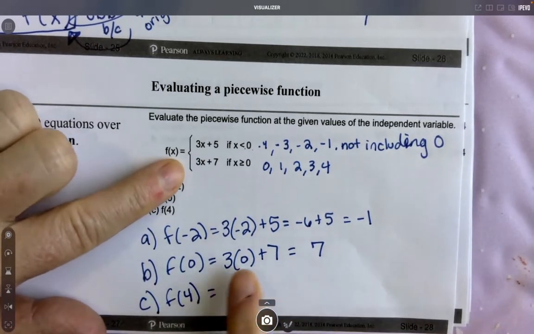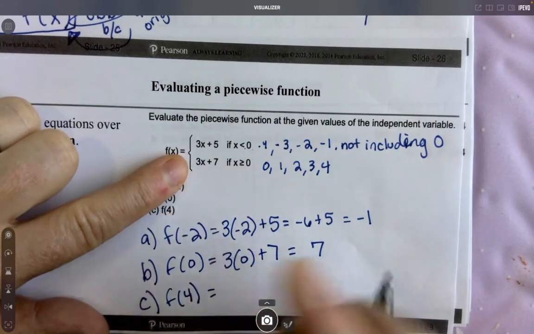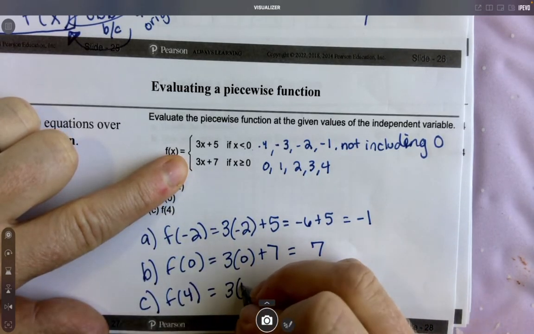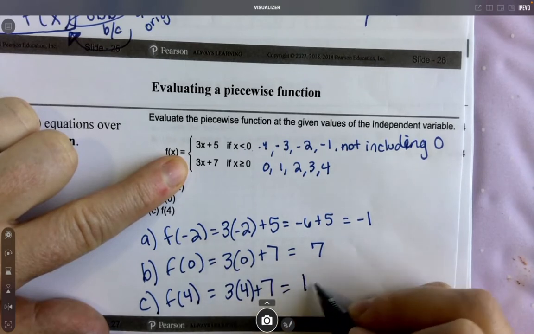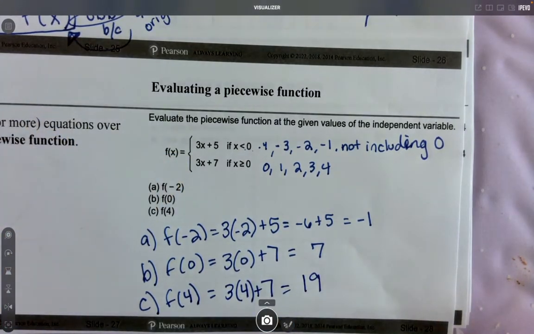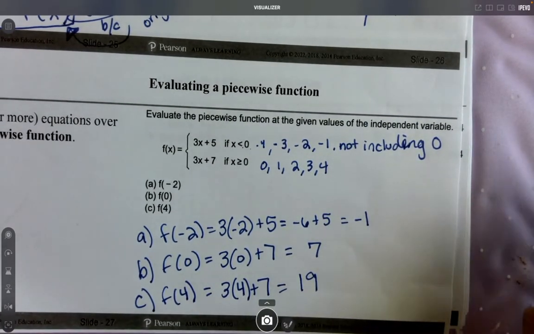This is when x is greater than or equal to 0, so this is the function we're going to use. 3 times 4 plus 7. So that's 12 plus 7, which is 19. So this is going to have two different functions depending on what your x value is.